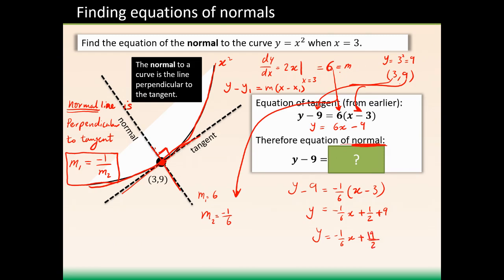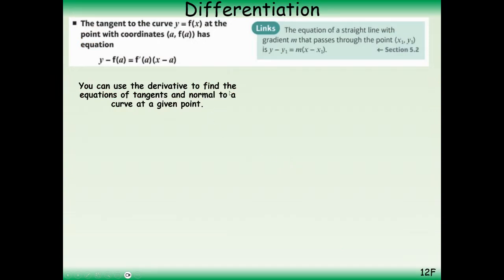So this is in short how you figure out the equation of a tangent and the equation of a perpendicular. We're going to look at some more examples. In your book, you might see this kind of formula where you have f dash.